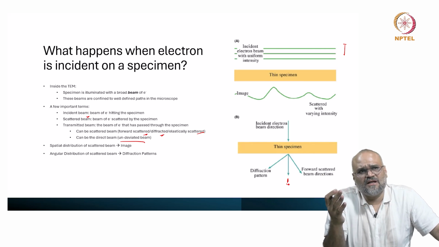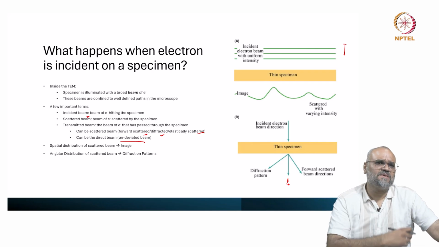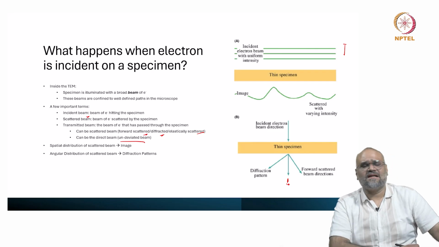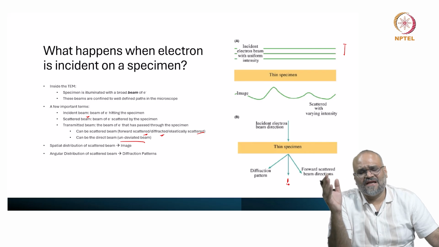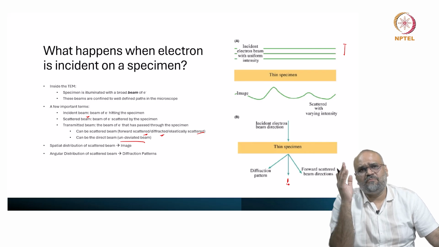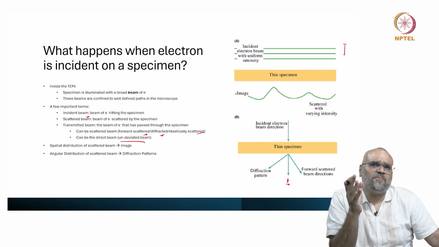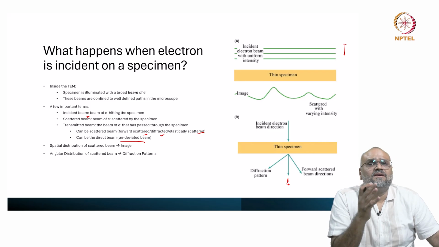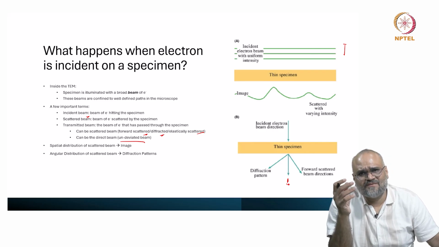Spatial distribution of the scattered beam is an image, and an angular distribution of the scattered beam is a diffraction pattern. And bear in mind, the angles of scatter are so small when you are satisfying Bragg's diffraction as well. You have a parallel beam of electrons propagating through a specimen, and when a parallel beam of electrons goes through a lens, naturally they would all converge at the back focal plane of the objective lens.